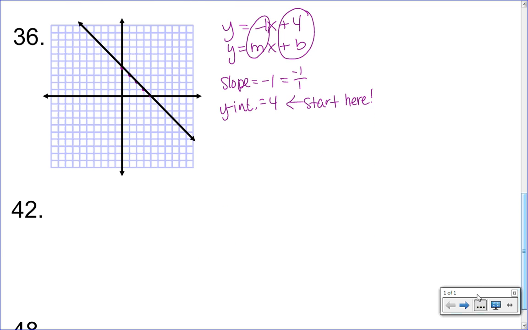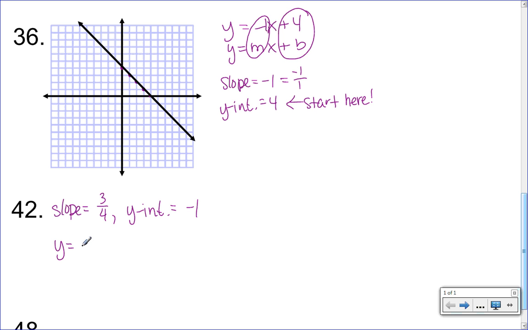Okay, number 42 says to write an equation in slope-intercept form for each line, and it tells you that the slope for this one is 3/4, and the y-intercept is -1. Okay.